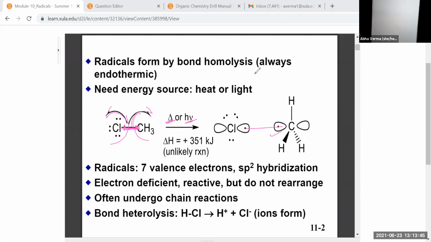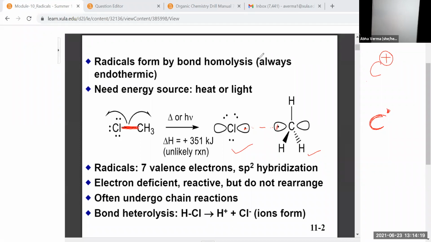It would have been a bond here, but since the bond is gone, it is no more a bond. Now it has a radical. Very, very high energy radicals. So I'm going to write all my radicals like a C dot, whereas I will write all my carbocations like a C positive. Any questions on this differentiation?